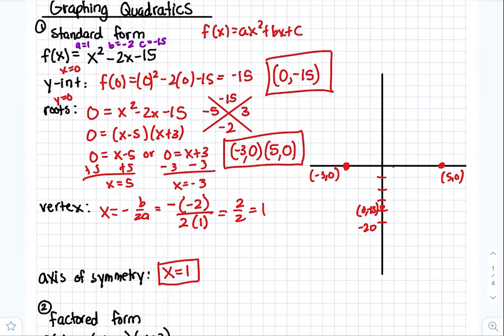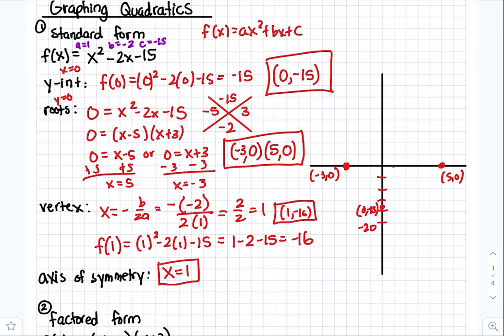Now, to find the y value for the vertex, you just substitute it in to the original equation. So, f of 1 equals 1 squared minus 2 times 1 minus 15, which is 1 squared is 1, negative 2 times 1 is negative 2, and minus 15, so we're going to get negative 16. So our vertex, you guys, is 1 comma negative 16. Graph that, 1 to the right, and down negative 16, which is right there.